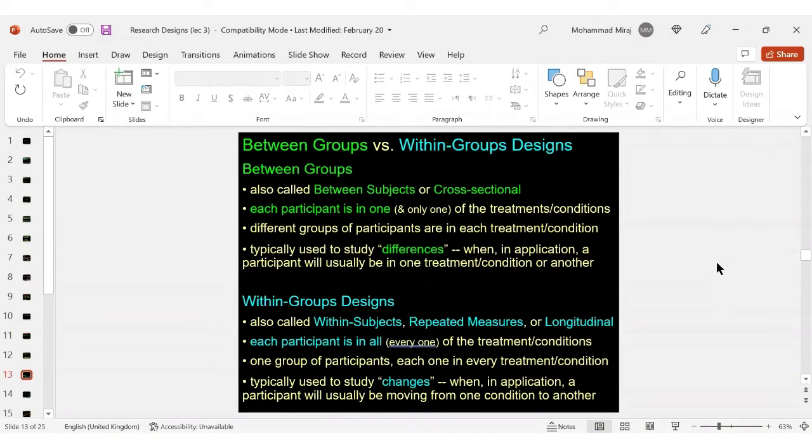Then when you do an experimental study, there is again a different concept known as between groups and within groups. So what is the difference between groups? Why is it important to know all these things? Because we use different types of statistical tests while evaluating the results in the subjects.